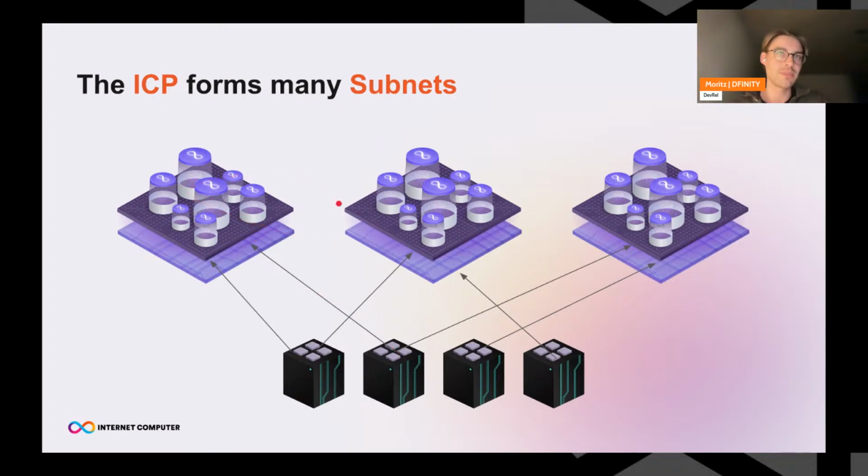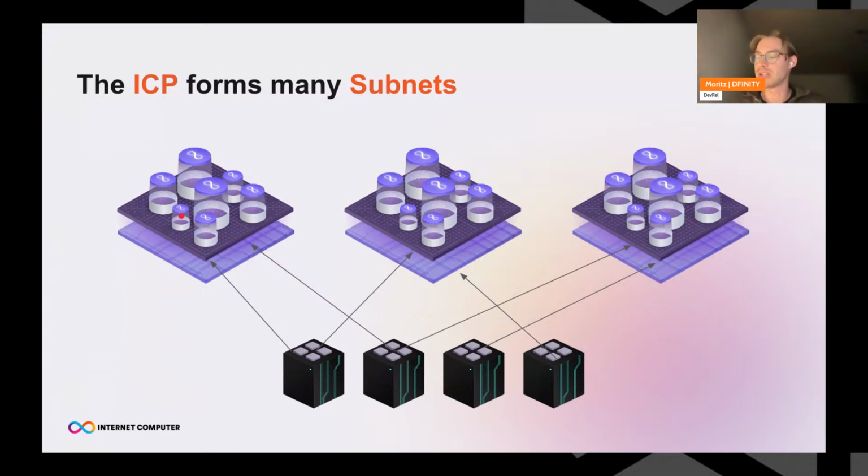And when I say subnet, what you can think about is basically an independent blockchain, a replicated state machine. That means that every node within a subnet performs the same computation on the same state. And as you can see already, the Internet Computer doesn't consist of a single subnet, but of many subnets. And they all run in parallel.